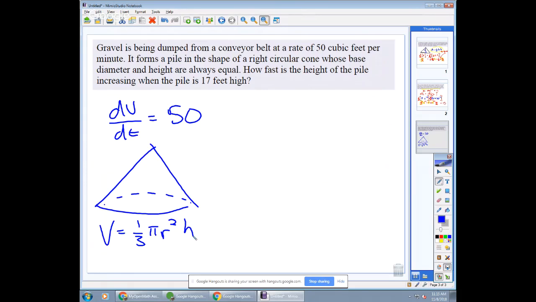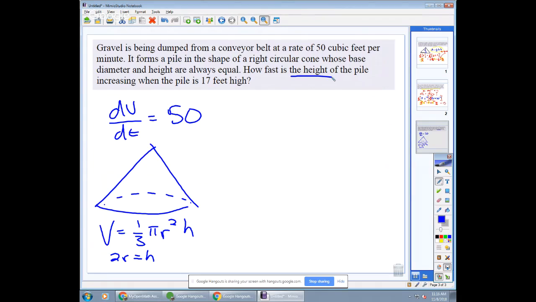And the diameter and the height are always equal, okay? So diameter is equal to twice the radius. So I also know that twice the radius is equal to the height. I want to get rid of the radius because the final question is how fast the height is changing, so I don't really care about the radius here.